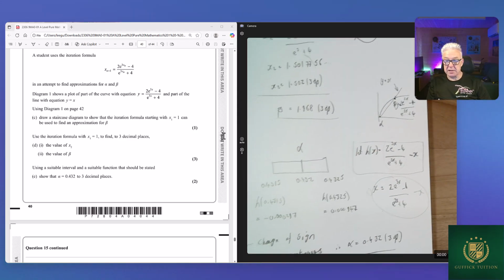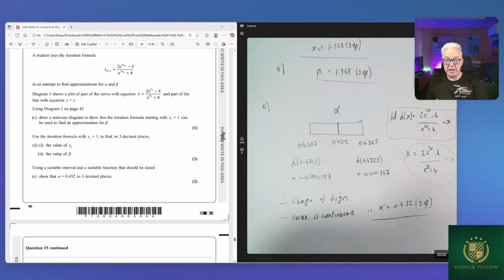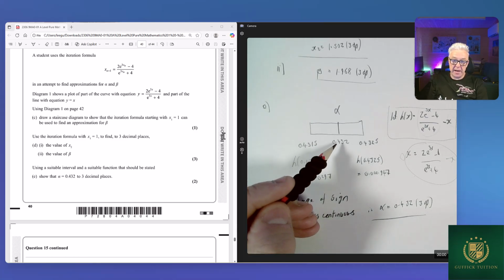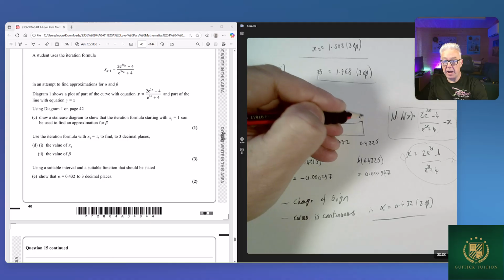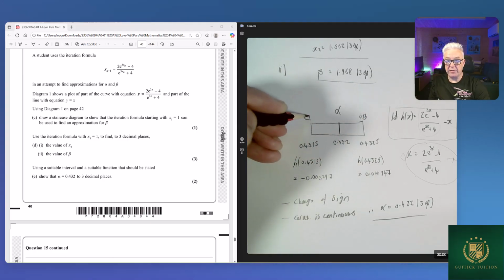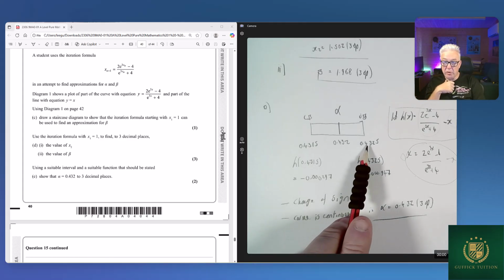Now the next thing is they're talking about a quote-unquote suitable interval. A suitable interval is, if alpha is correct to 3 decimal places, we need to consider the upper bound and the lower bound of alpha. Okay, our upper and lower bound. So our upper bound is going to be 0.4325.